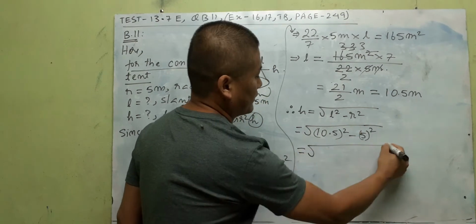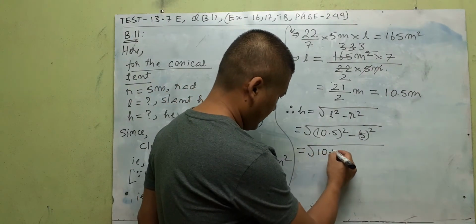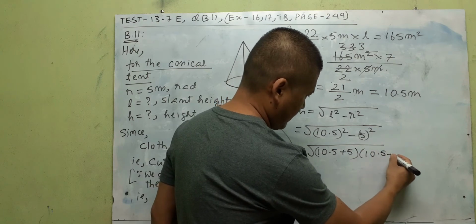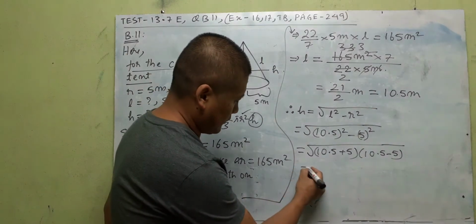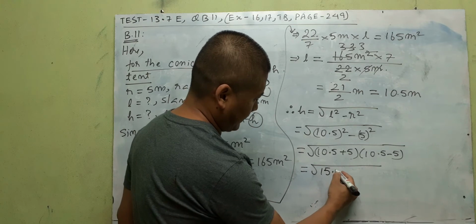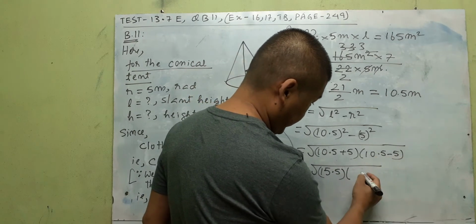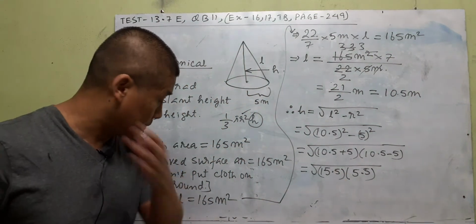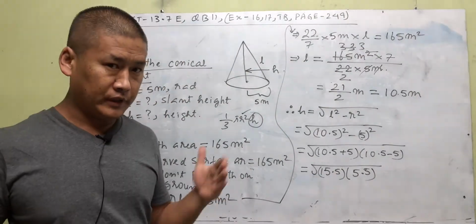So we can apply the formula for A square minus B square, which is A plus B into A minus B, right? So on simplifying this, 10.5 plus 5 is 15.5 and 10.5 minus 5 is 5.5. So it's just a matter of multiplying these two and finding the root by division, like we've been doing in the last classes.